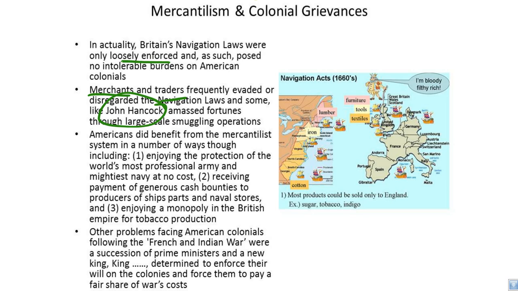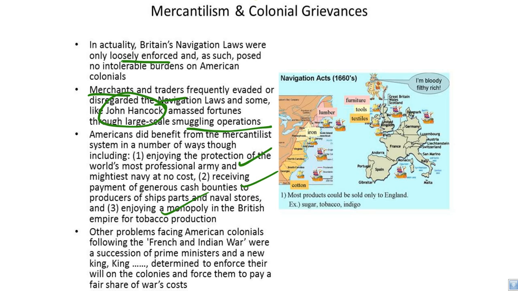In actuality, Britain's navigation laws were only loosely enforced and posed no intolerable burdens on American colonials. Merchants and traders frequently evaded or disregarded the navigation laws, and some, like John Hancock, amassed fortunes through large-scale smuggling operations.